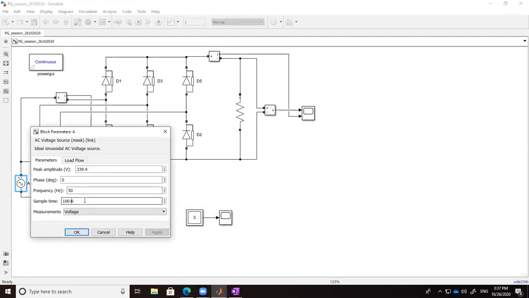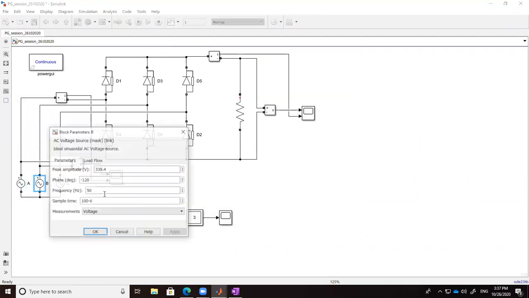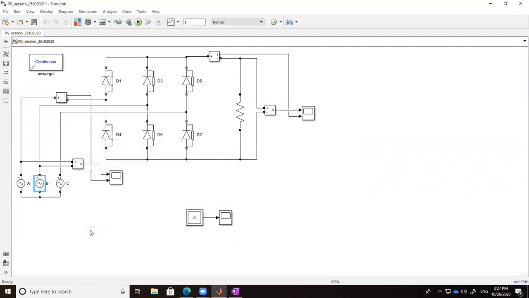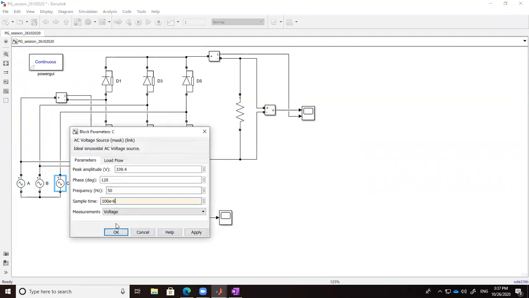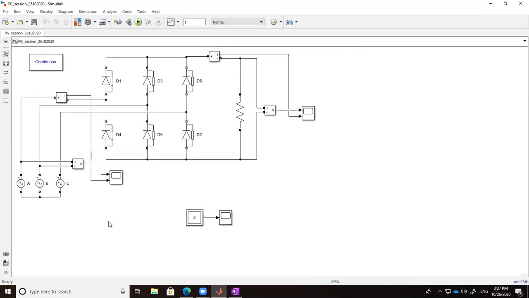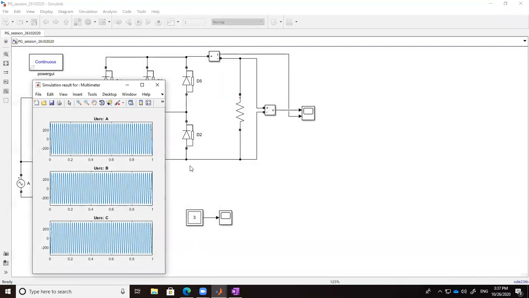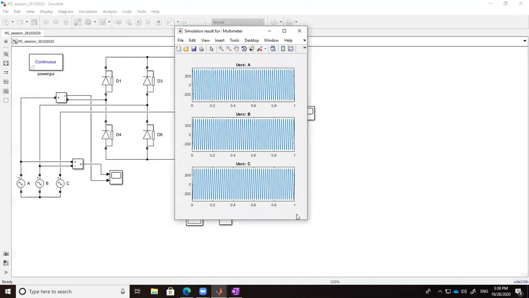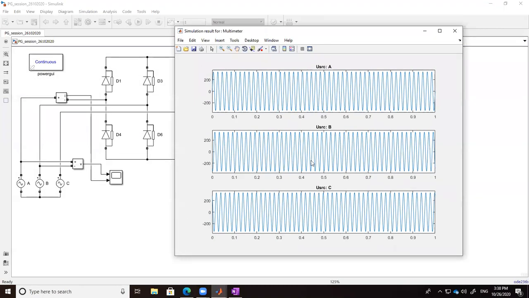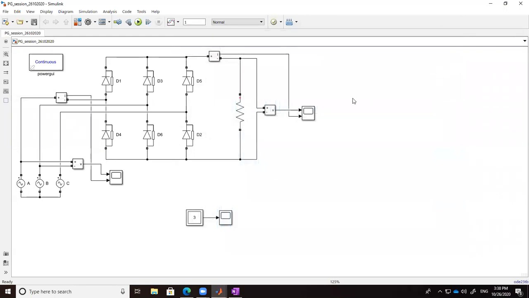It should have been 100 E minus 6. So this happens if you make a single mistake. It will turn out to be a disaster for your simulation. Now I run it. So it simply displays three phase voltages.